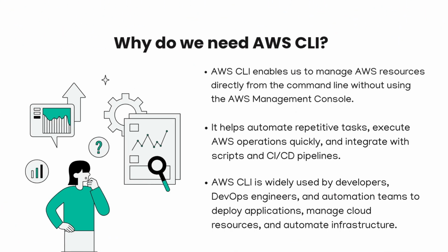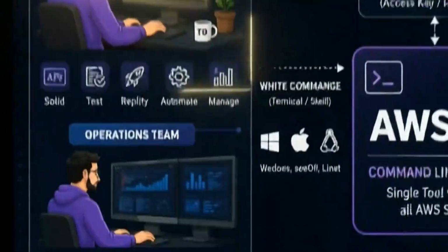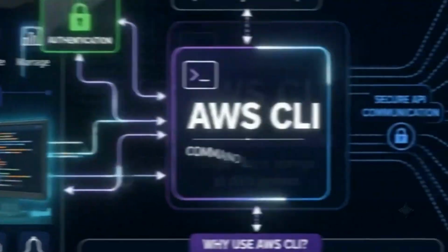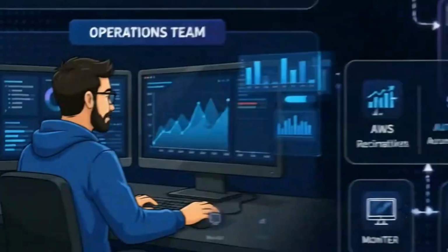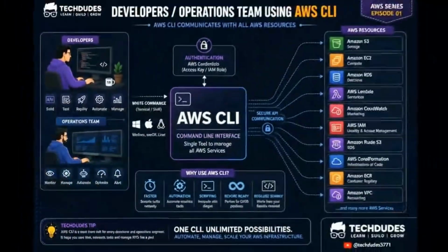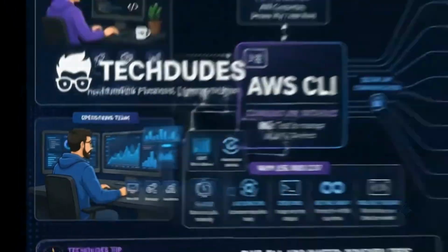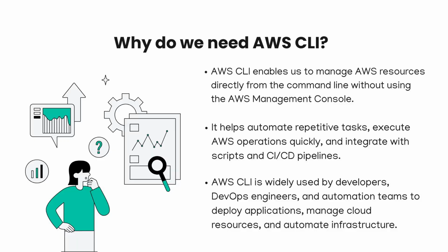Next, why do we need AWS CLI? AWS CLI helps us automate tasks, work faster, and manage AWS resources using commands. It is widely used by developers, DevOps engineers, and automation tools. You will use AWS CLI frequently for deploying applications, managing cloud resources, and running automation scripts.